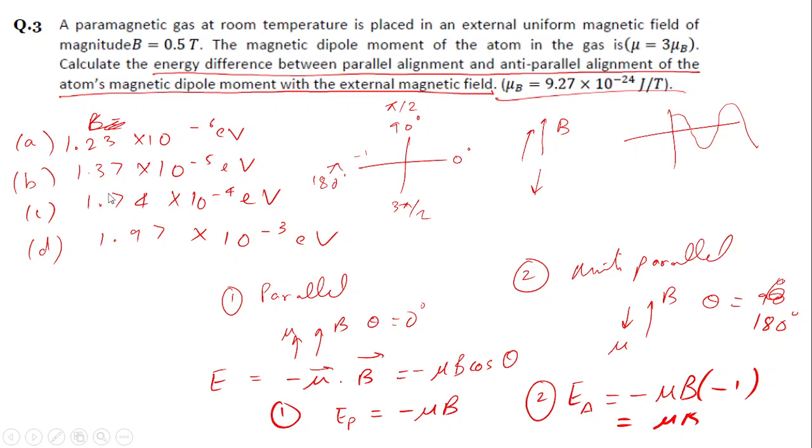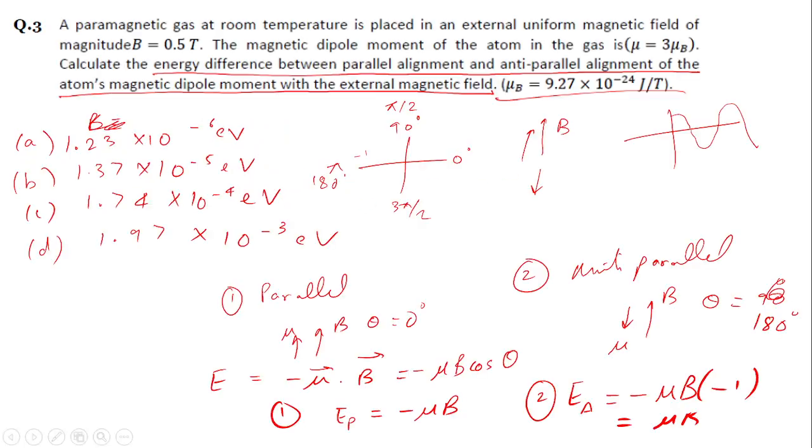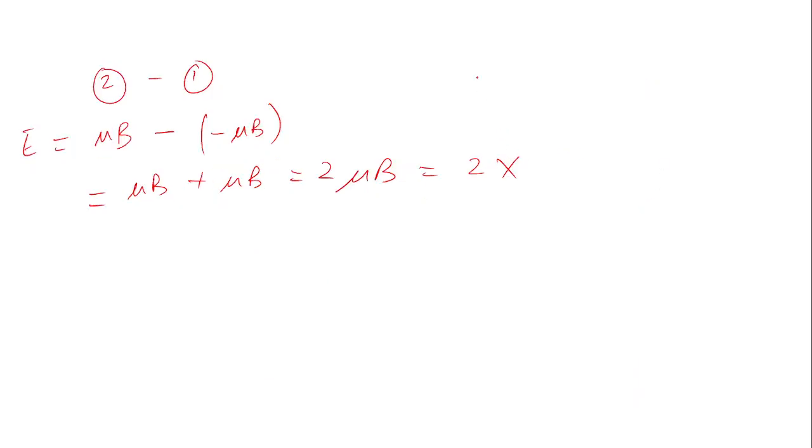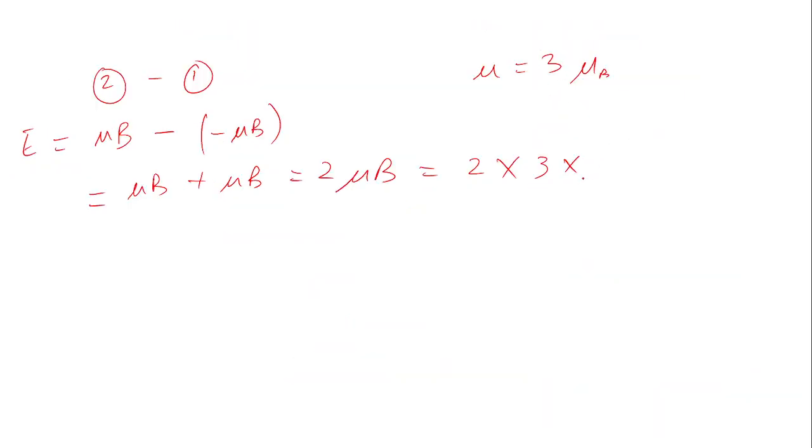And we need to find out the final value. So 2 times mu is how much? It's given, it's 3 mu b, where mu b is the Bohr magneton. So mu is 3 Bohr magneton. So 3 times 9.27 times 10 to the power minus 24 joule per Tesla, and the magnetic field is 0.5 Tesla.